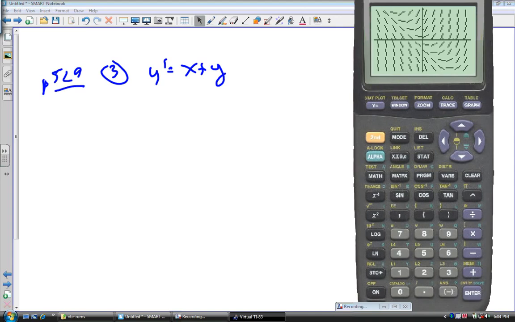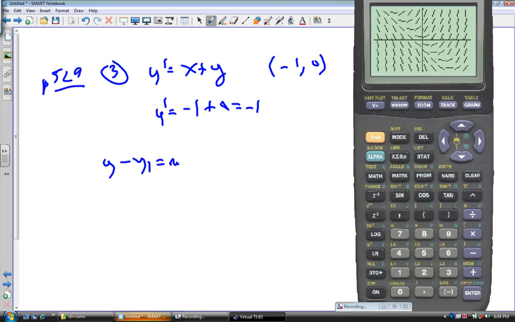The question is, could you actually get the analytic solution, the equation of that line? Sure. Let's see. If we're going through negative 1,0, y prime is going to be negative 1 plus 0, which is negative 1. So write the equation of the line. y minus y1 equals m times x minus x1. Okay.